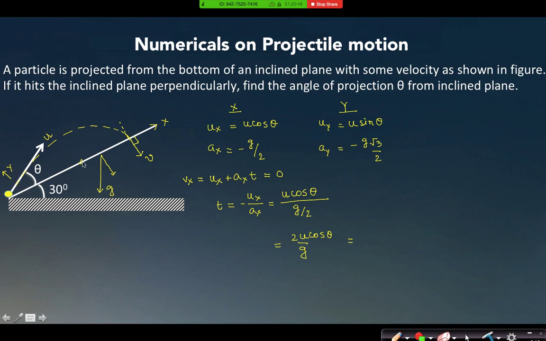Yes, that is why I have taken minus gt also, minus g by 2 into t, because I will have to take a component of acceleration g. Yes or no? This is ax, this is ay. Alright. Now, if I say that in this time interval, what is the y displacement of the particle? Can you tell me?